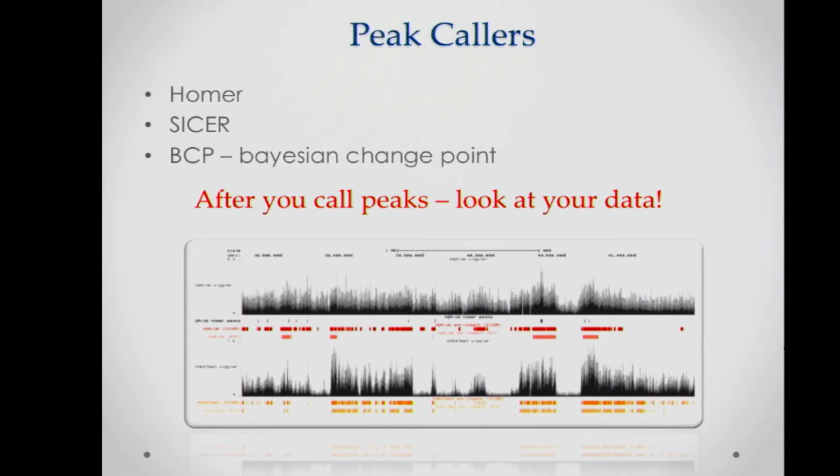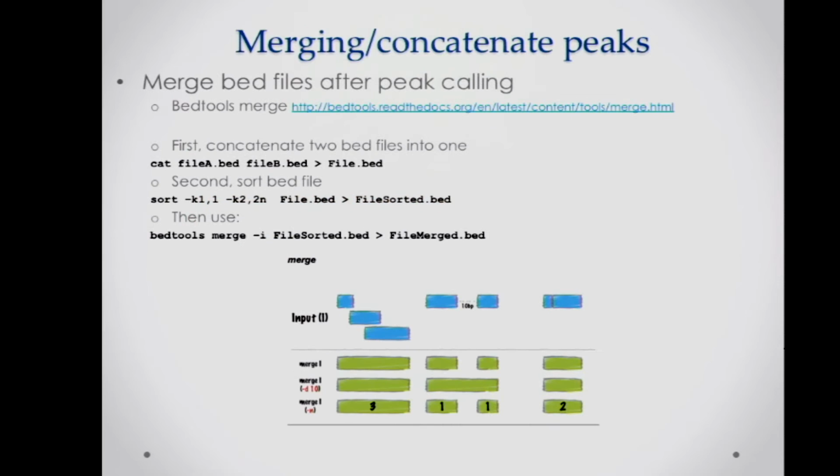So you can basically then stitch together or concatenate your peak calls based on some size distribution. We use this merging option in bedtools, and I think again, there's lots of ways to do this. This is just to illustrate how we do it. If there's peaks that overlap slightly, in this case, I guess this would be an example if you have multiple samples and you called them and you wanted to merge them.